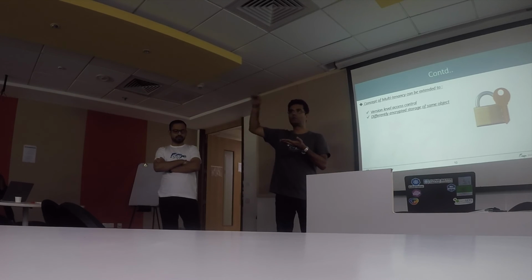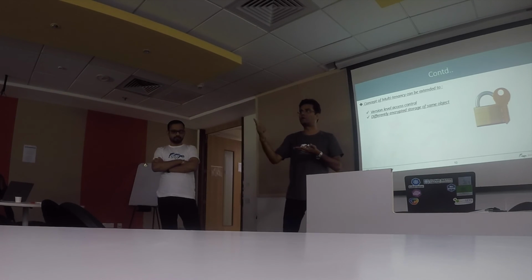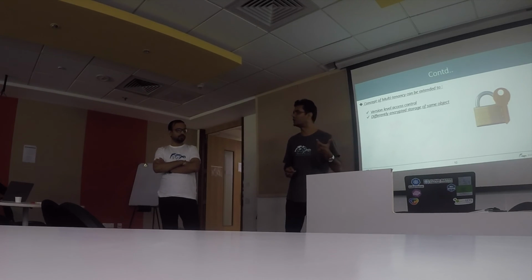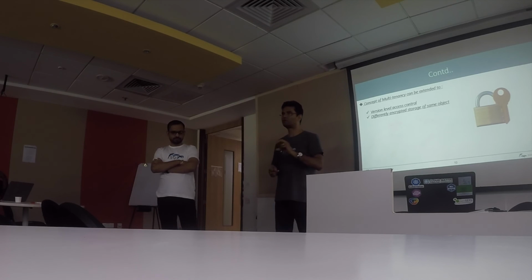They can have their own versions created. When we talk about versions, cloud providers give versioning: Azure gives snapshots, AWS provides object versioning. So you can have multiple versions of the same object. Users can have their own versions, but they cannot access the master version.